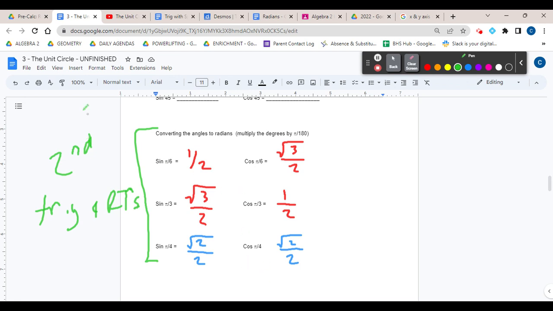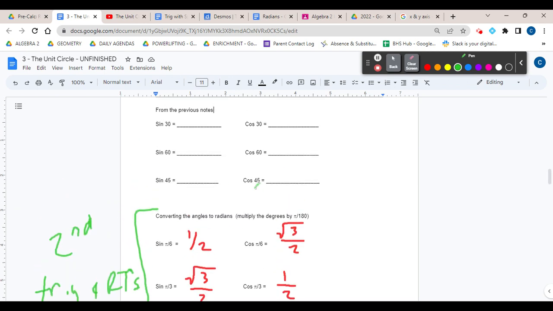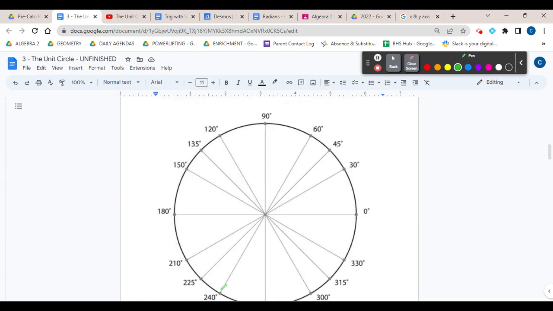All right. On the first unit circle note sheet, we converted all of these angles, 30 degrees, 45 degrees, 60 degrees, 90 degrees, into radians.